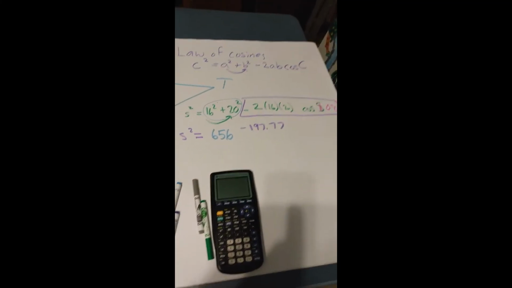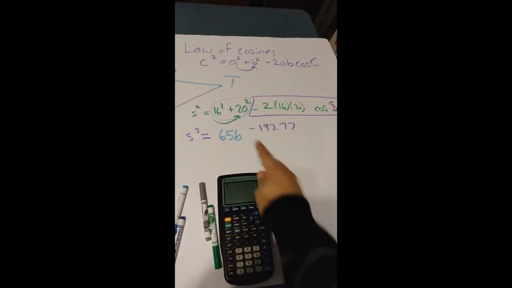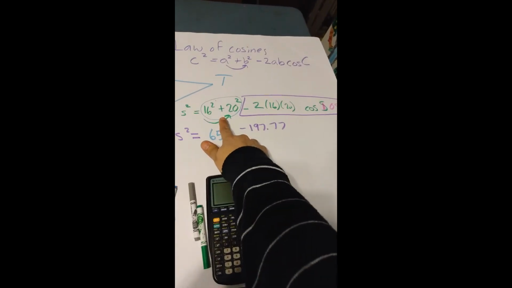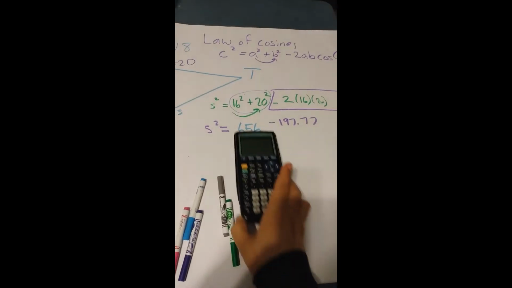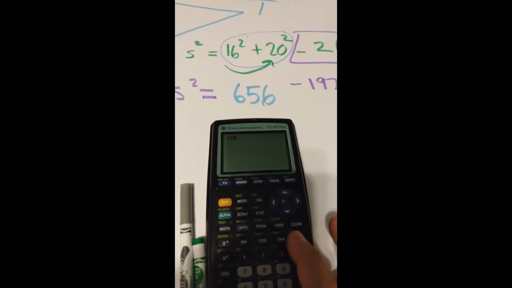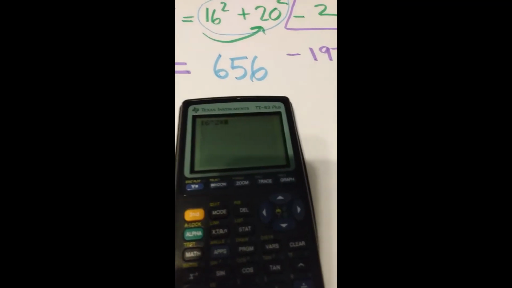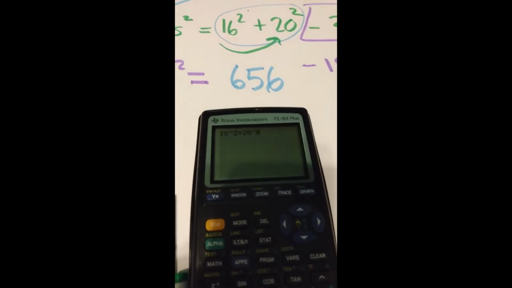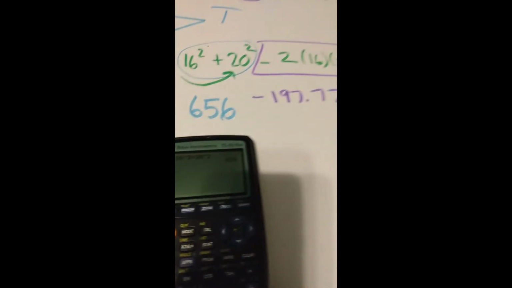I jumped ahead because my phone shut off on me. Notice how I've chunked these 2 calculations to remind you how things go in the calculator. So 16 squared plus 20 squared, that's my 656.